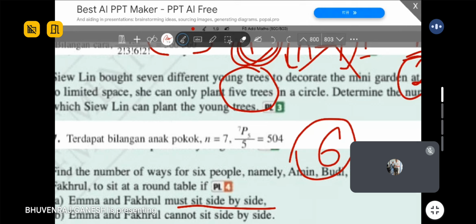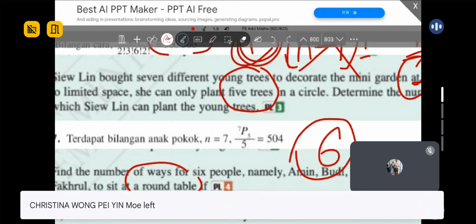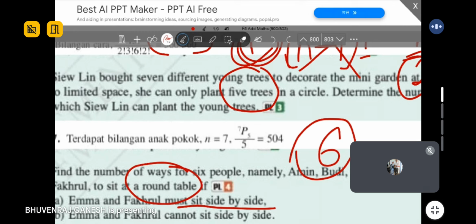Have you got the idea how to solve it? 6C2. Over here, we are not using combination. Okay, this question is actually permutation. You must remember, guys, for round table, meja bulat, selalunya soalan akan tanya pasal pilih atur sahaja. It's always on permutation, not combination. Okay, so you must take note of that.